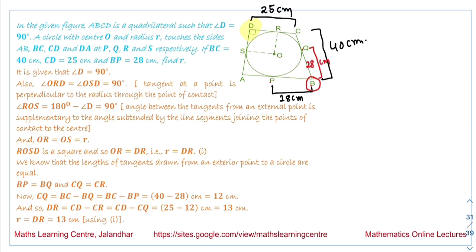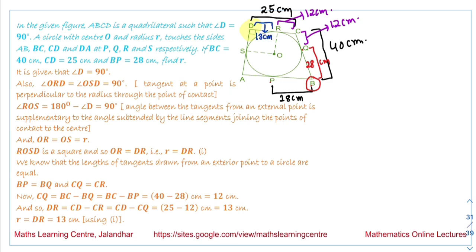If this length is 28 centimeter, then the remaining length CQ will be 12 centimeter. Now if this length is 12 centimeter, then this length CR is also 12 centimeter. So the remaining length DR will be 13 centimeter.